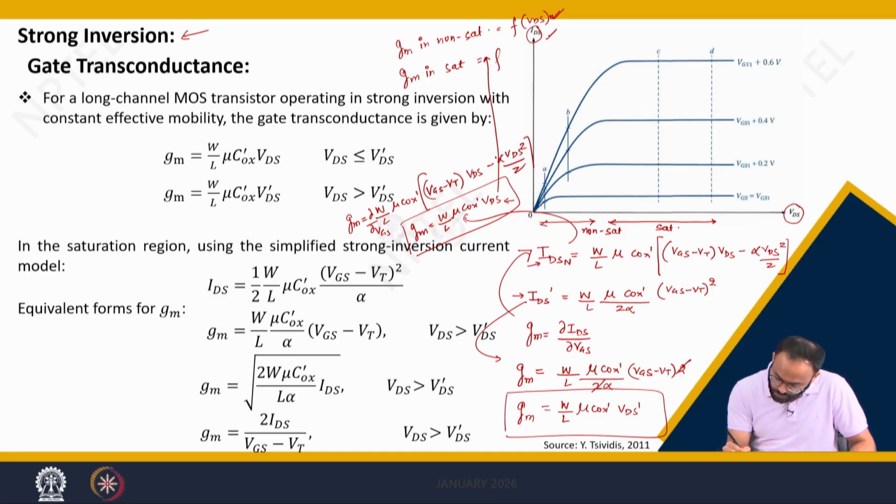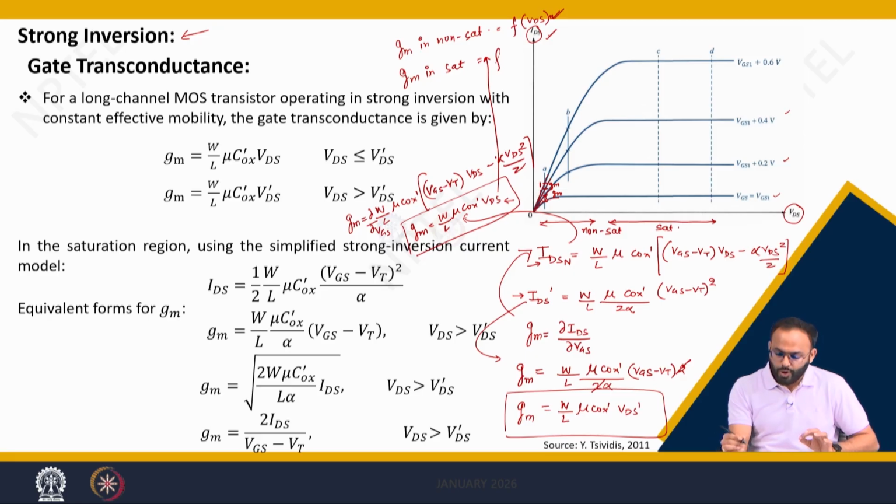If you closely observe, these are the lines for different VGS. Let us consider VGS1, VGS2, VGS3 and VGS4. The gap here is the change in current per change in voltage, which is nothing but GM, and as you change VG, the GM is not changing. The difference is almost constant.